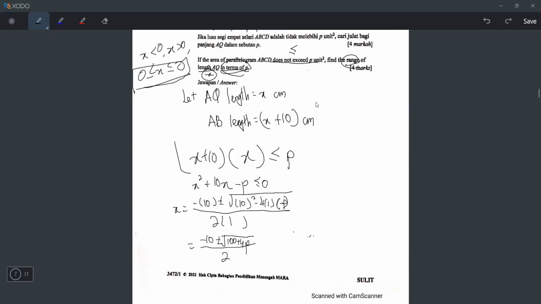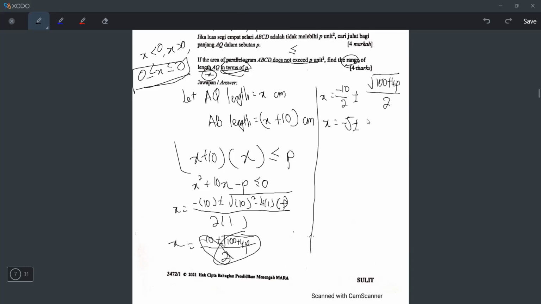So let's continue here. x equals negative 10 over 2 plus minus square root of 100 plus 4p, over 2. Can I split it like this? Yes, I can, because we have one term at the bottom, so we can do this. So it becomes negative 5 plus minus.